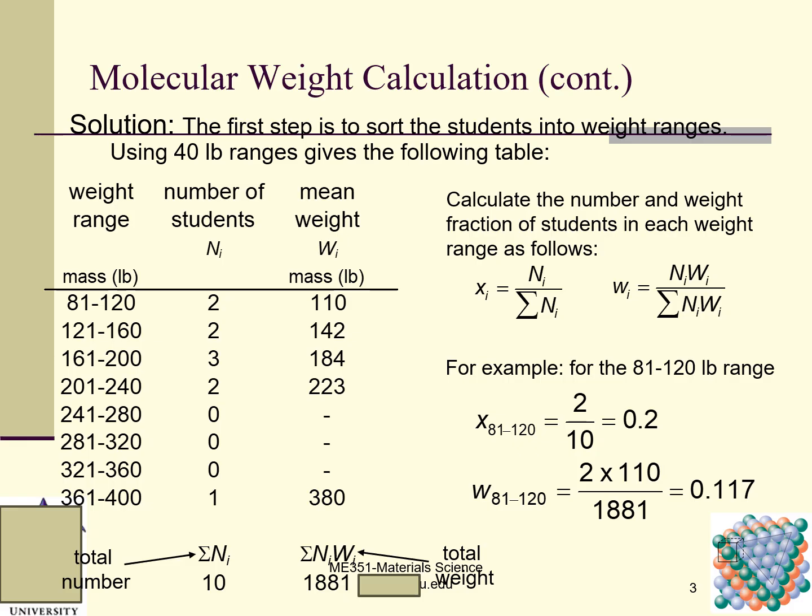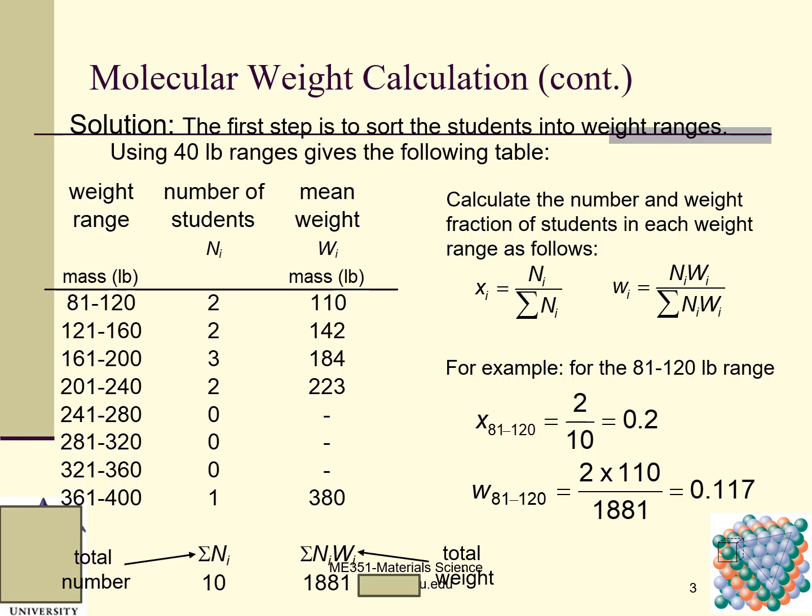For example, for the 81 to 120 pound range, we use this subscript, 81 to 120, and 2 over 10. We have 2 students fall into this range, and the total number of students equals 10, so this fraction equals 0.2.